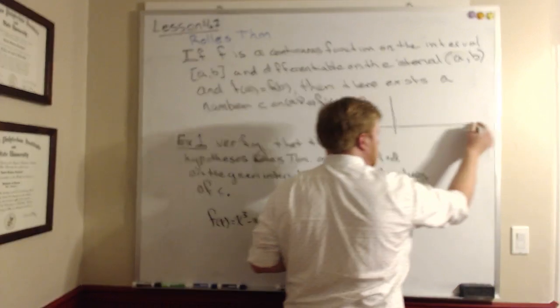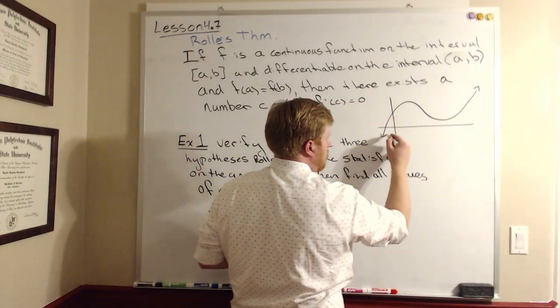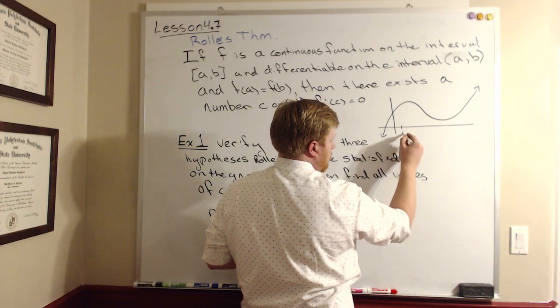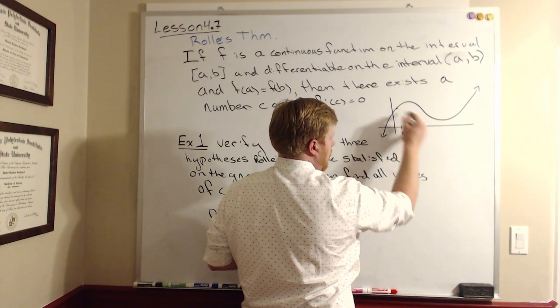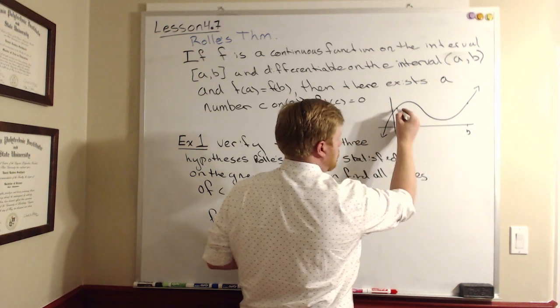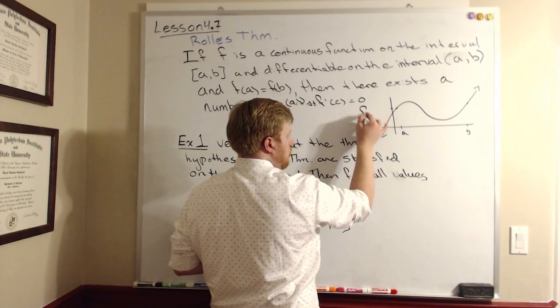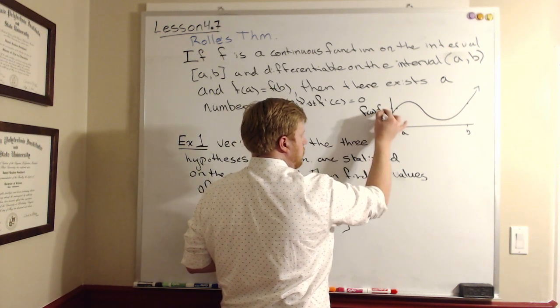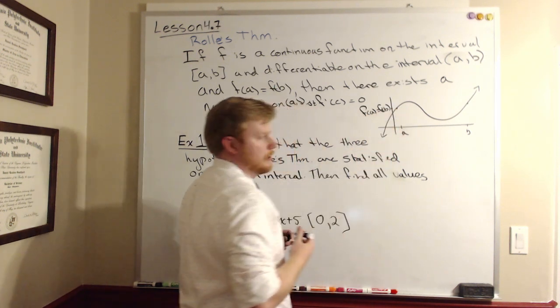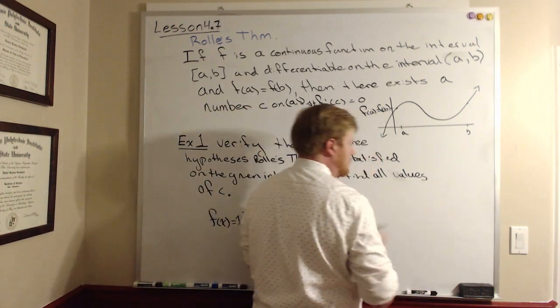let's see. If I have a function here, and I have some interval a to b, notice that the value of the function at a and b is equal. So f of a is equal to f of b. Then there has to exist at least one point, and in this case there are two.